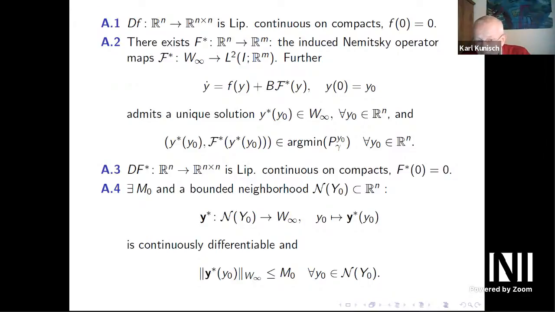So of course, one knows how to analyze this situation, but these are the standing assumptions. The Jacobian of the feedback mapping should be Lipschitz continuous. Then there should be a bound on a neighborhood of this set Y0, such that this ensemble of solution mappings is well defined and continuously differentiable and bounded. So this is the general setting.